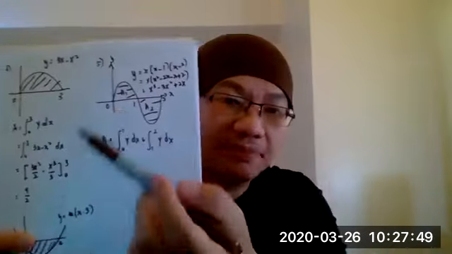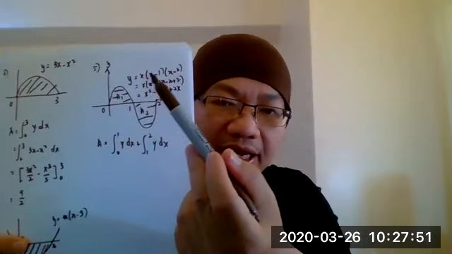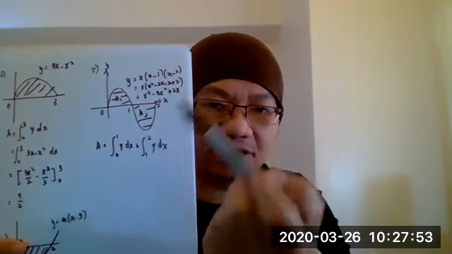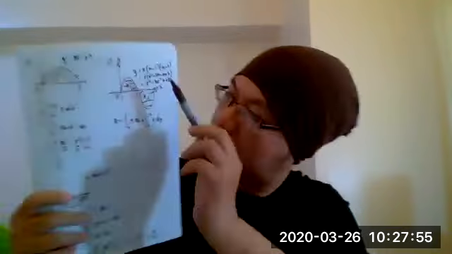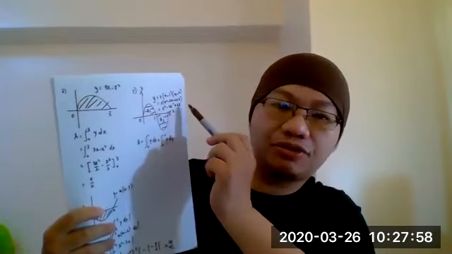So we do the normal expansion. After we expand, y equals x bracket blah blah bracket blah blah. So expanding, we get x cubed minus 3x squared plus 2x.